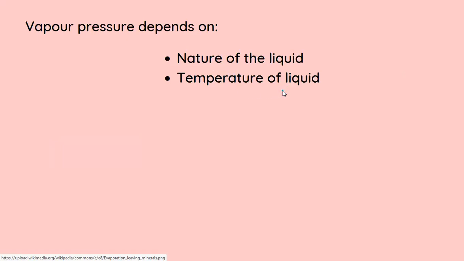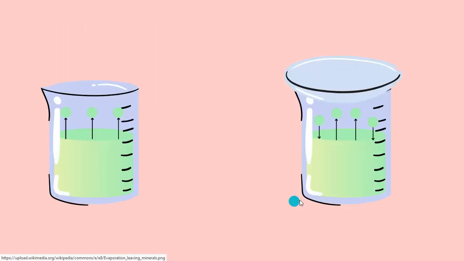Now, nature of the liquid. Suppose you have a liquid which has a strong intermolecular force of attraction. What will happen? These molecules don't want to let go, so the vapor pressure might not be very high because the number of molecules it's letting out is going to be very low. For example, alcohol and water. Alcohol, a simple example, nail polish remover or sanitizers, they immediately evaporate, right?